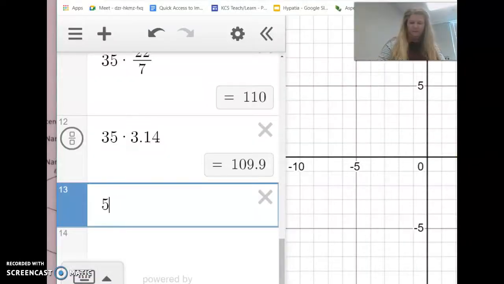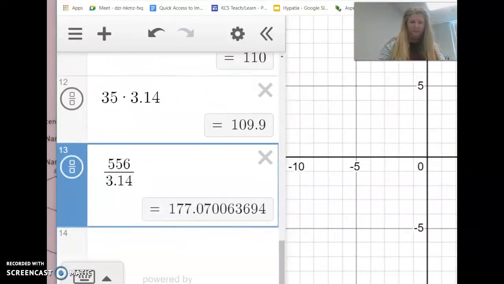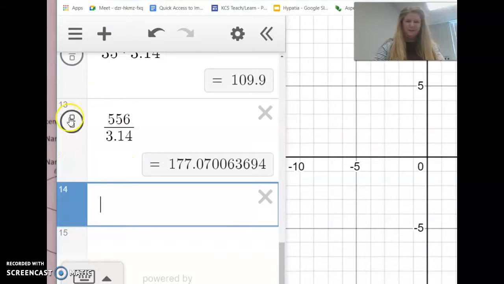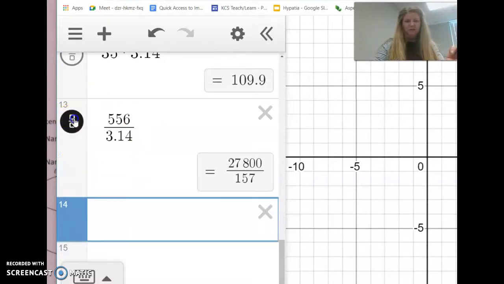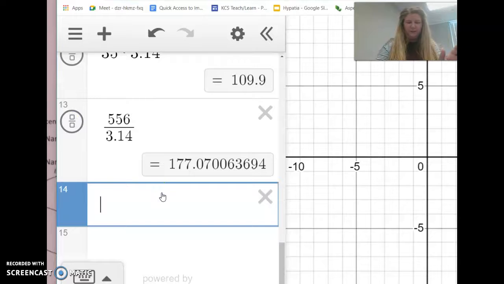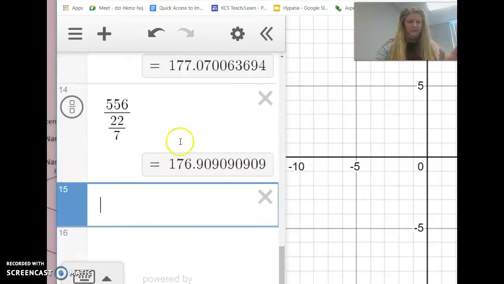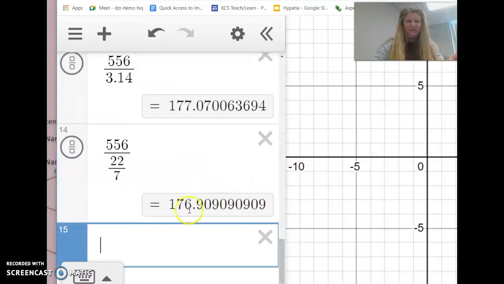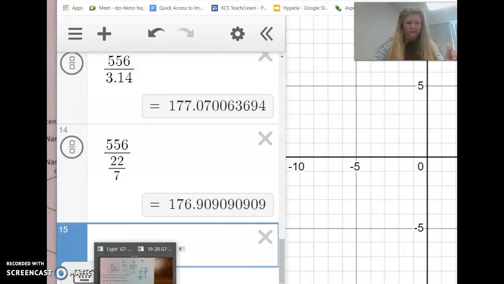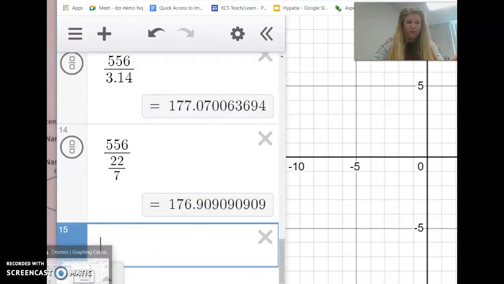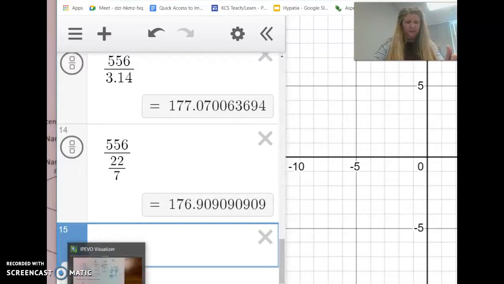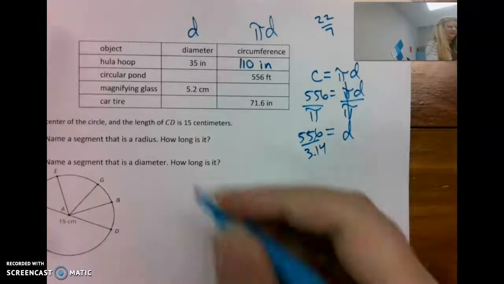So I'm doing 556 divided by 3.14. Okay, that's kind of messy. Let's look at it as a fraction. Don't love that either. Let's see what happens if I just divide by 22 over 7. Still not great, but let's leave it with approximately 177, because we don't have to be exact here. We're just going to get really close to the exact answer. So I'm going to say approximately 177.